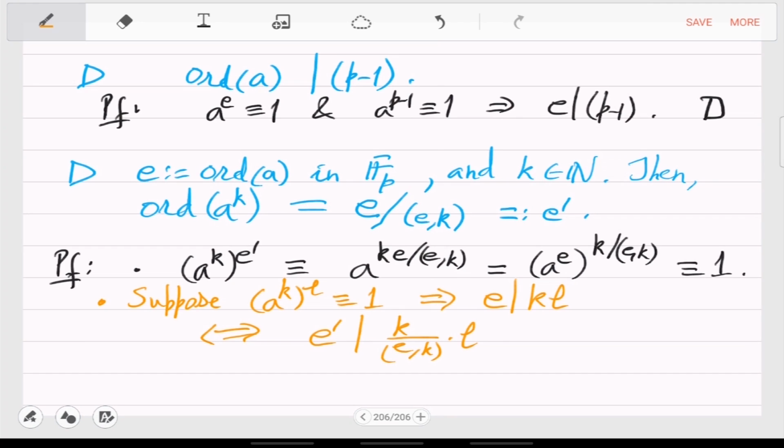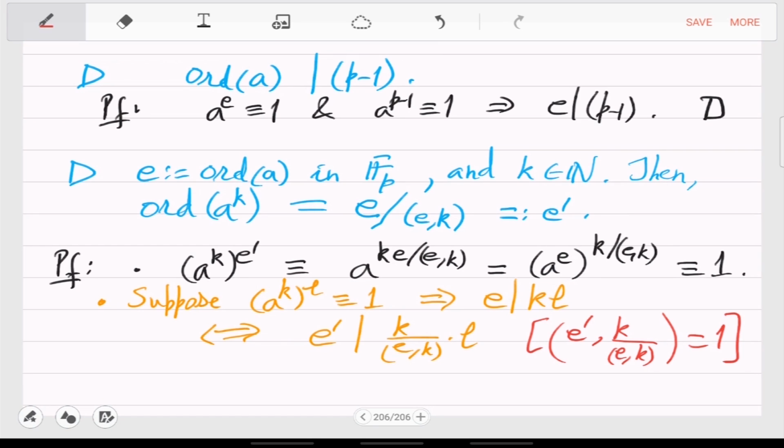Now what? Now notice that e prime and this thing are co-prime, right? Because the GCD has been removed from e and k.